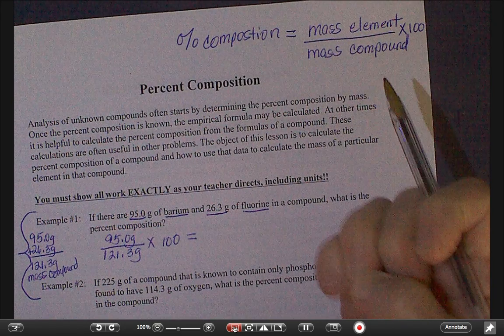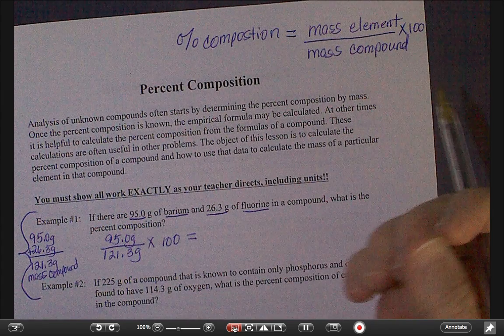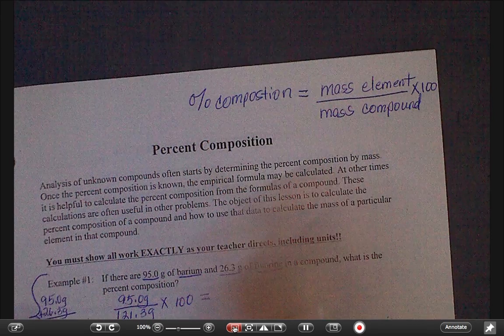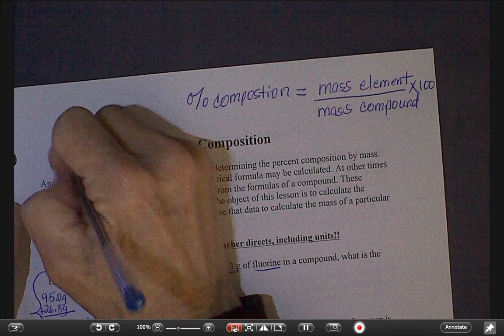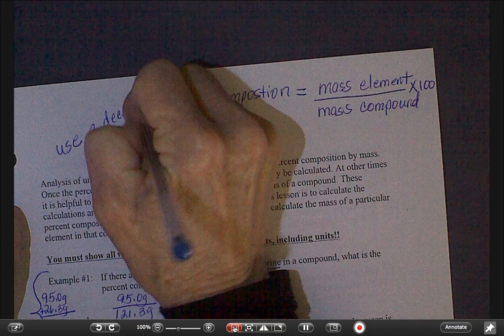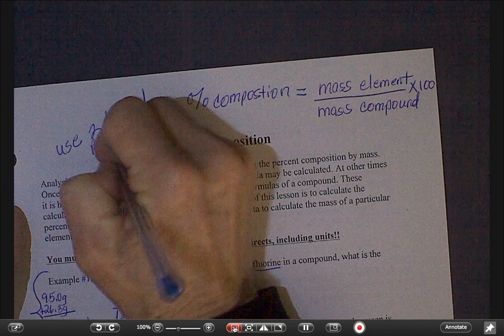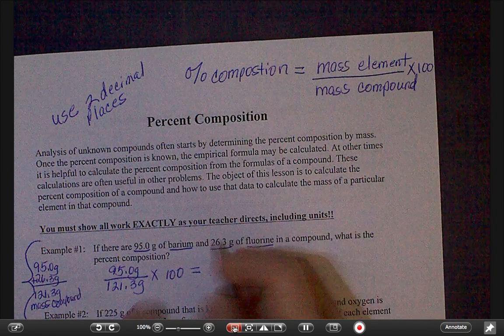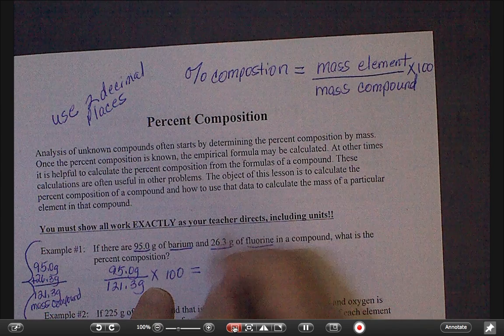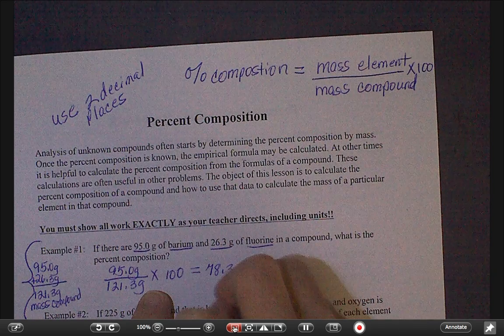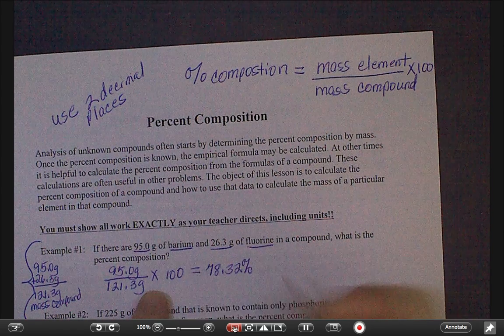I think I want to run with maybe just 2 decimal places in our answers. So basically, let's use 2 decimal places in your answers. So y'all do the math for me: 78.32.